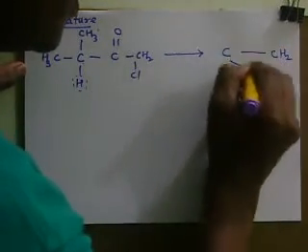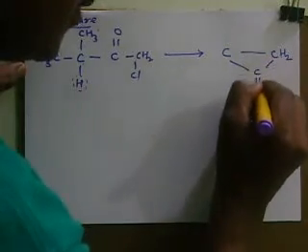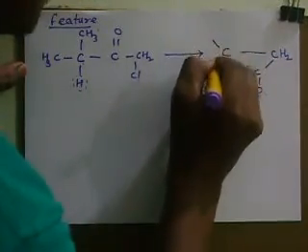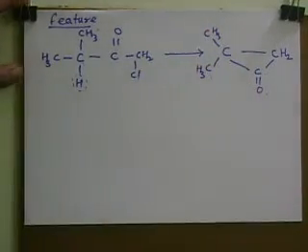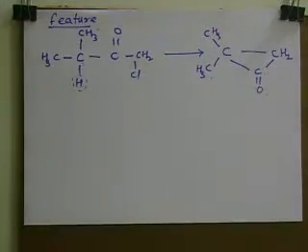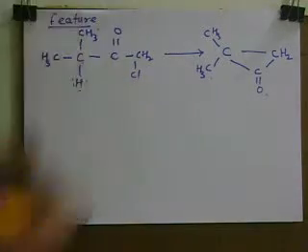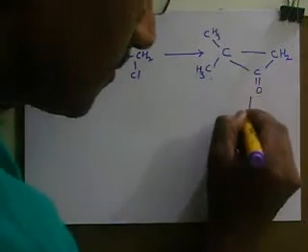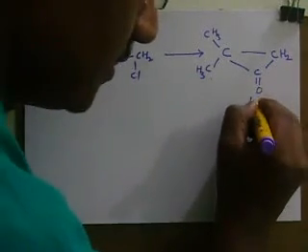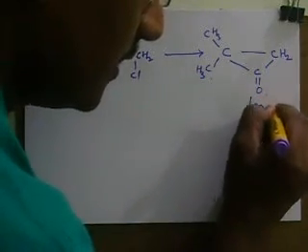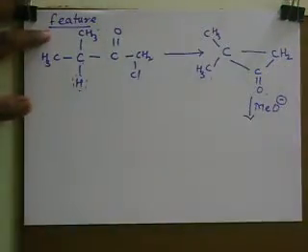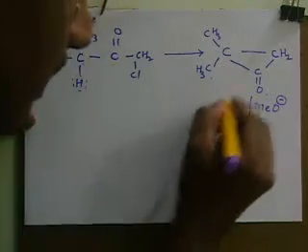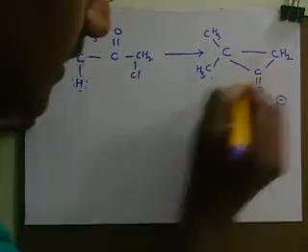CH2, C double bond O, because that is important. CH3, CH3. Now, if this reaction is taking place in presence of an alkoxide like sodium methoxide, this nucleophile will attack on this structure, and it will be joined at this carbon.